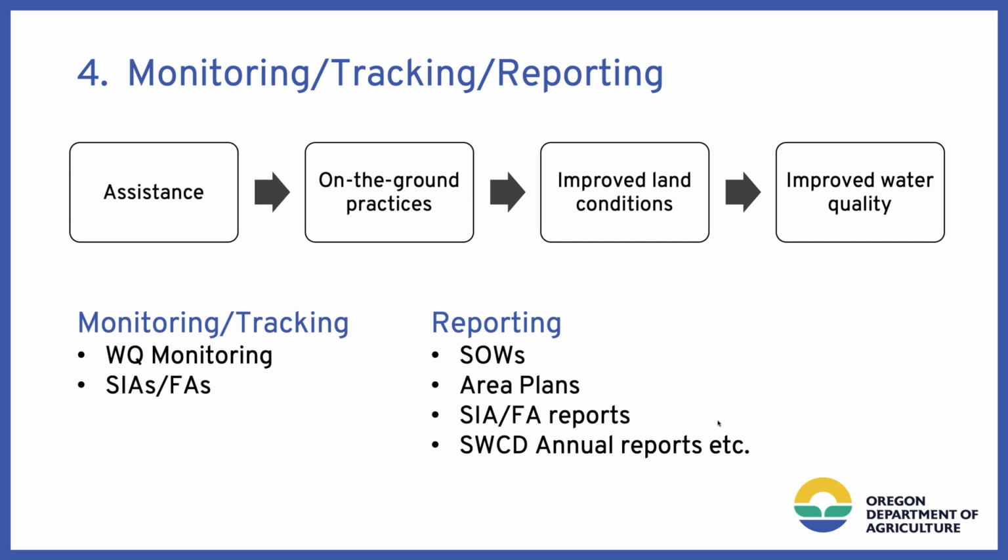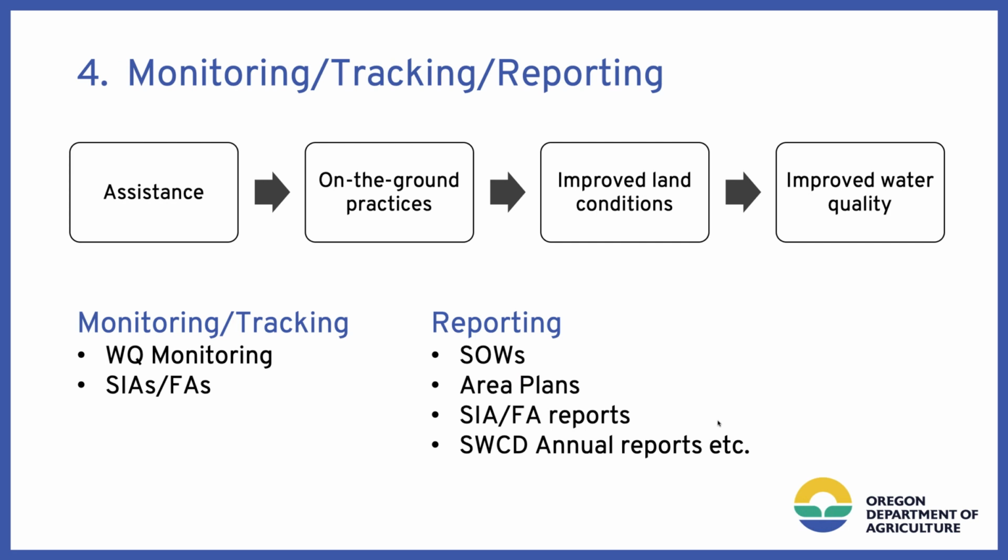And that would be, for instance, how many acres had cover crops on it in the winter to prevent erosion in the valley, or looking at streamside vegetation. And then trying to show that water quality has improved as a result of the assistance, the practices, and the land conditions is tricky, but it can be done.